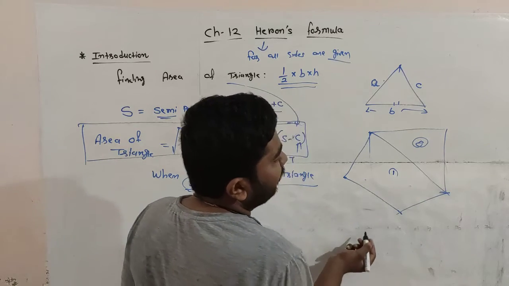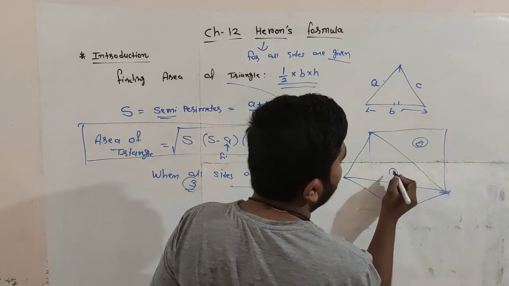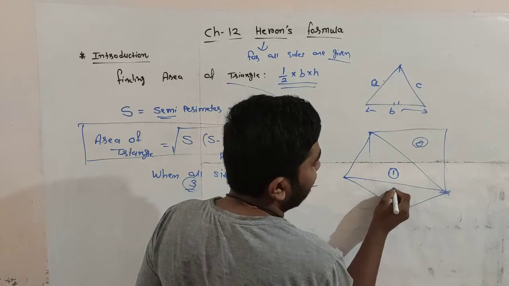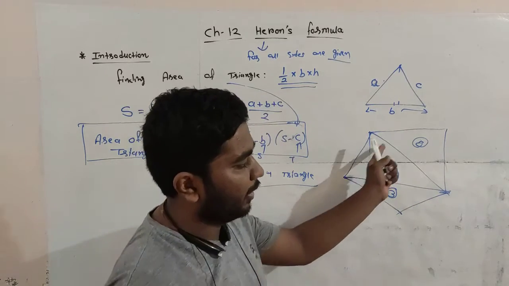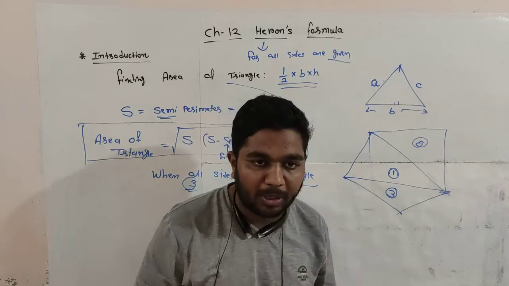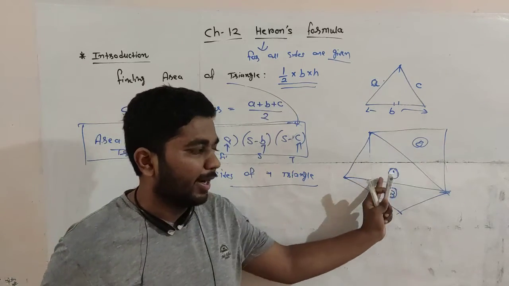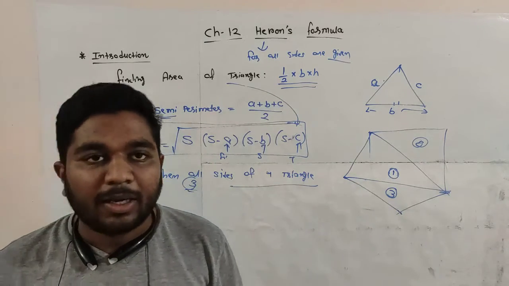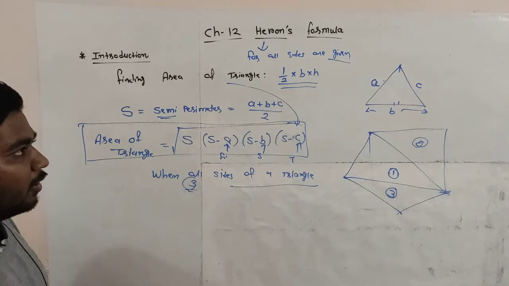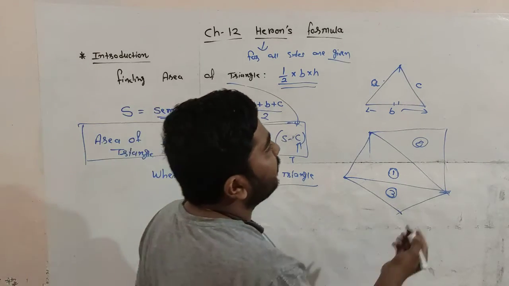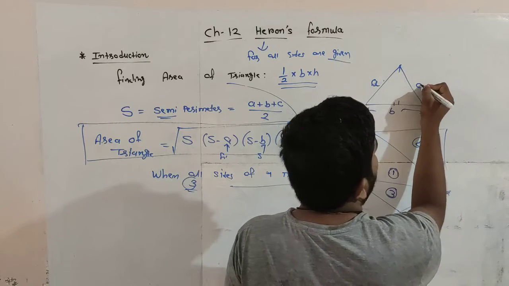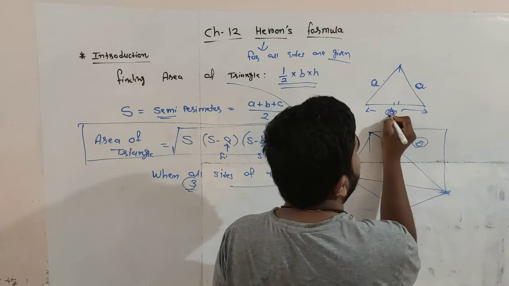So we can divide it into three triangles, 1, 2 and 3. So we can find each area using Heron's formula, and then at last we can add all these, so we get the area of the pentagon. Already you have studied the area of a triangle when all three sides are given. This is A.